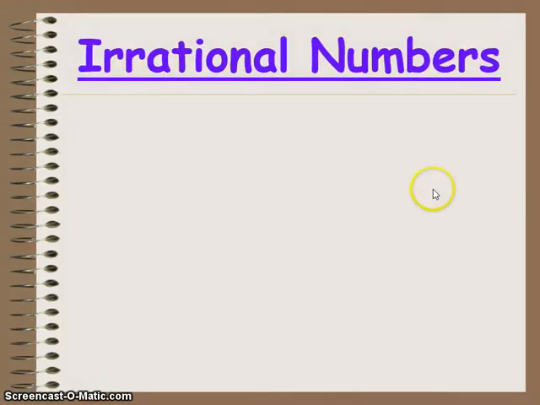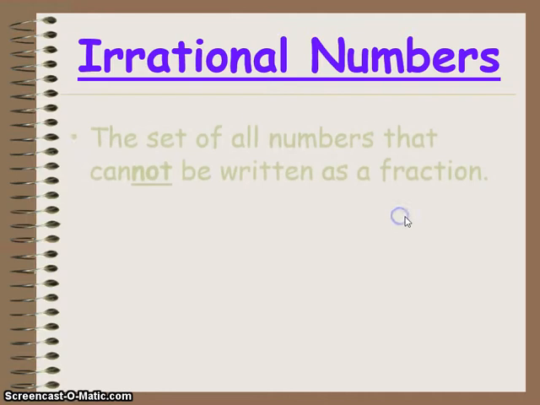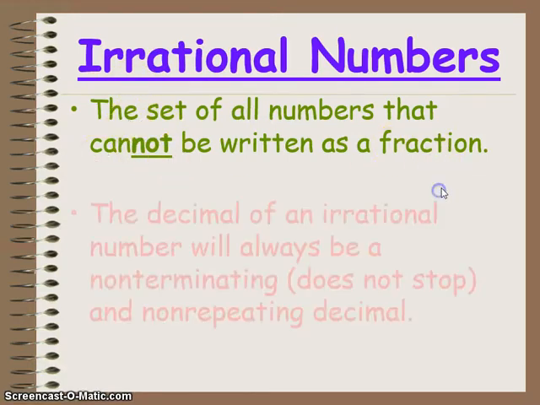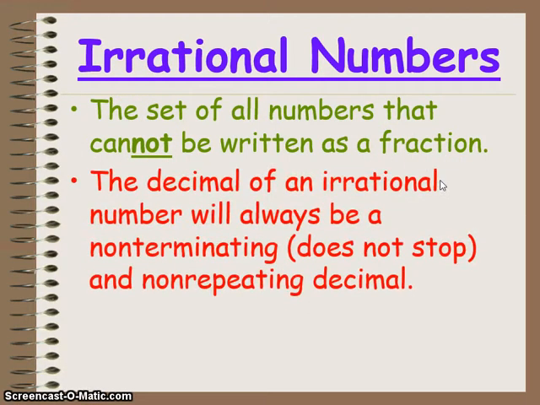So to help you with irrational, think about being not rational. What are the opposites of those? Well, if rational means you can be written as a fraction, irrational means that you cannot be written as a fraction. And if rational means that you terminate, irrational means you do not terminate, meaning you do not stop.